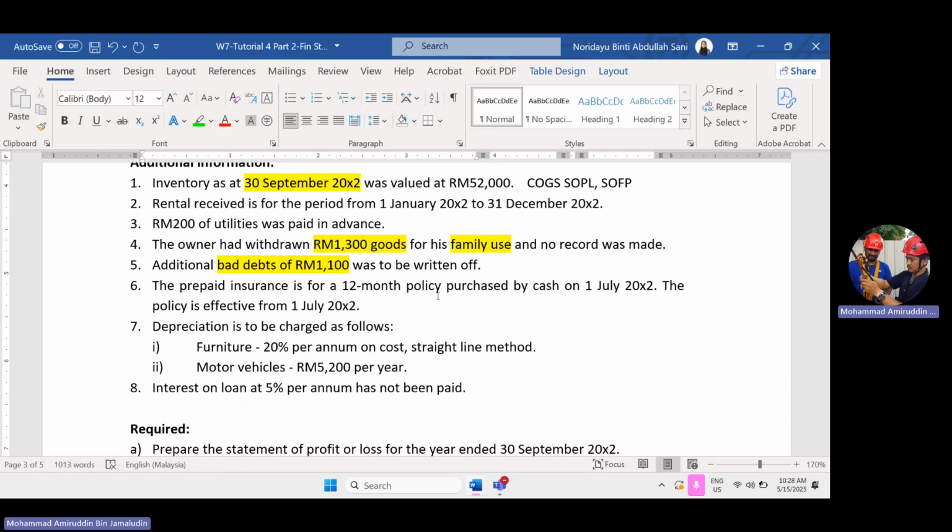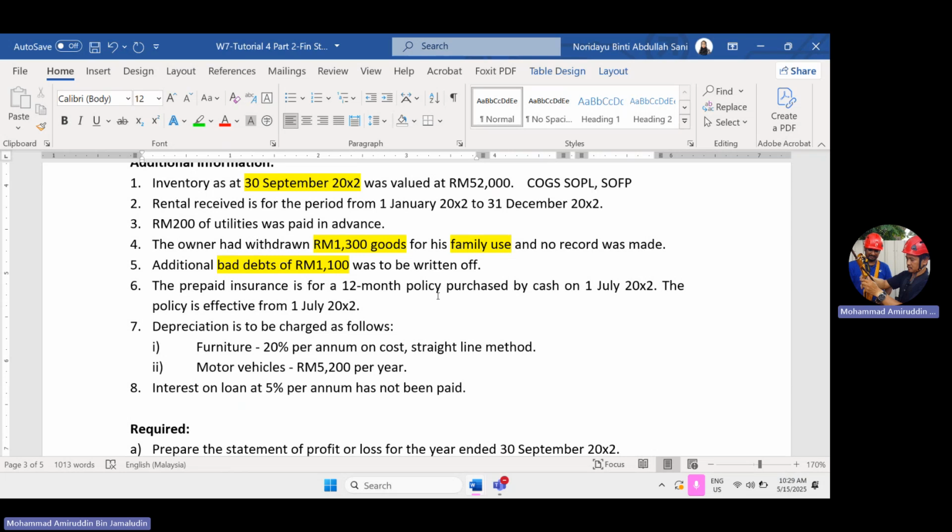Okay, your year end is 30th September 20x2. Now I relate it with the year end straight away. So actually, you just pay only for 3 months. July, August, September. You just pay only for 3 months this year.